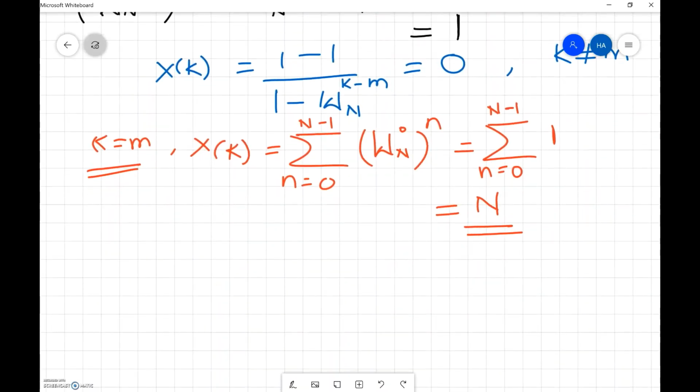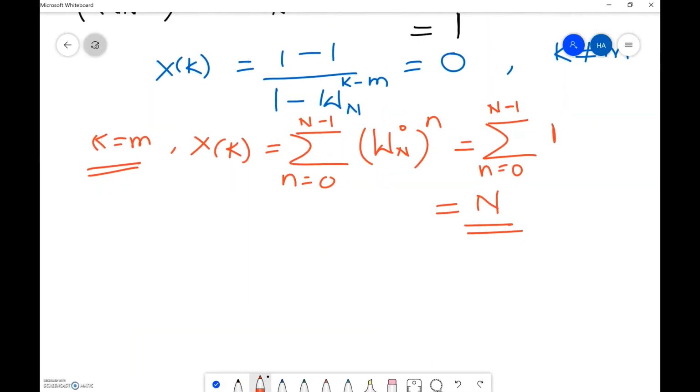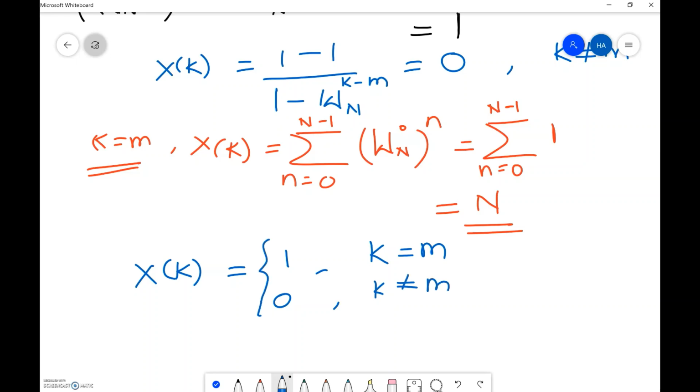Now let me write this equation for you. That is, what is the value of X of k? So what did we obtain? X of k is N when k equals m, and it is 0 when k is not equal to m. So what sort of a signal is this? It's an impulse function, right?